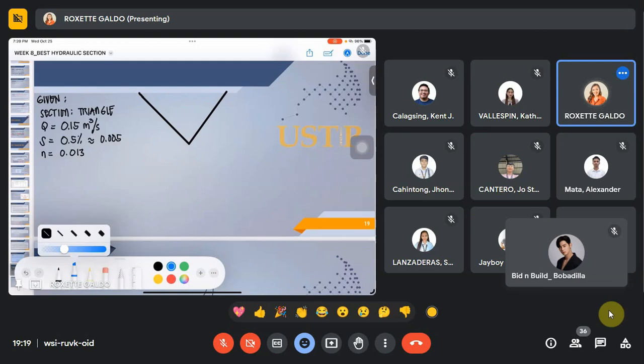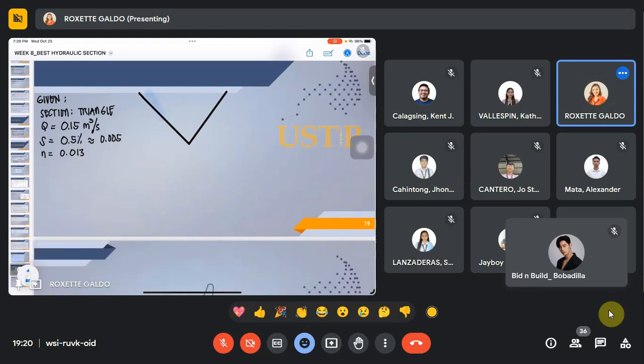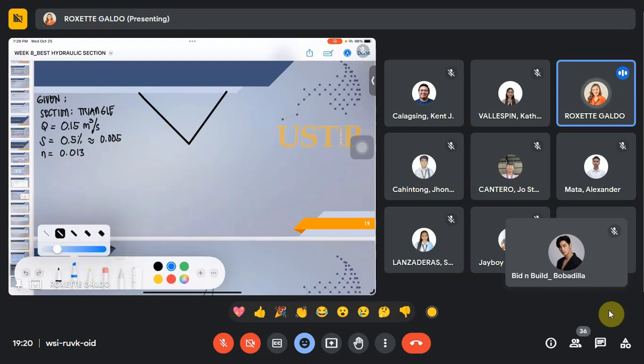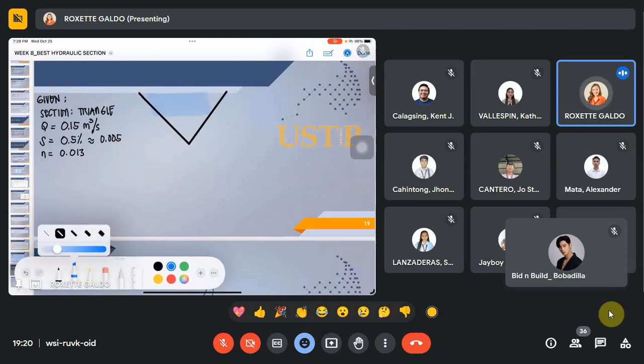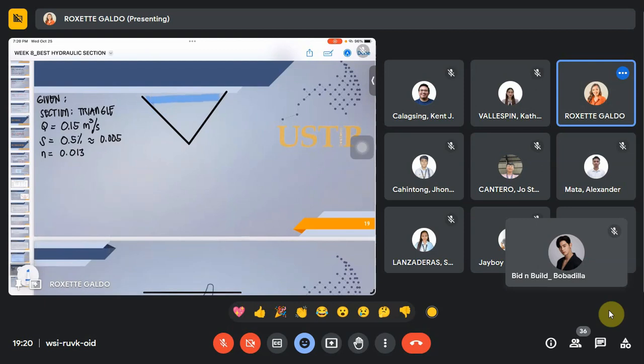Now we have already identified it to be triangular. This is the water.